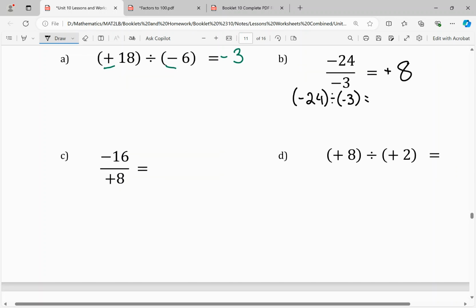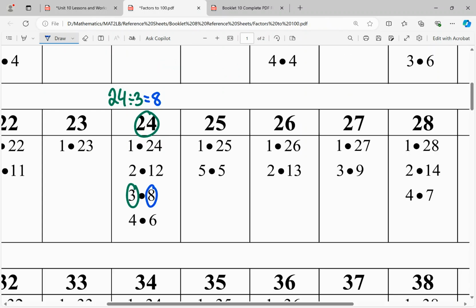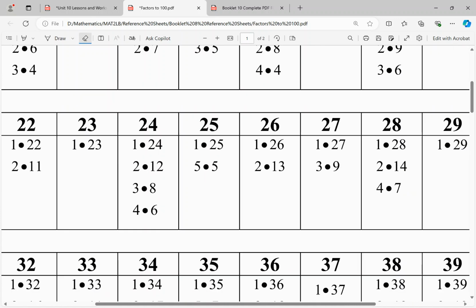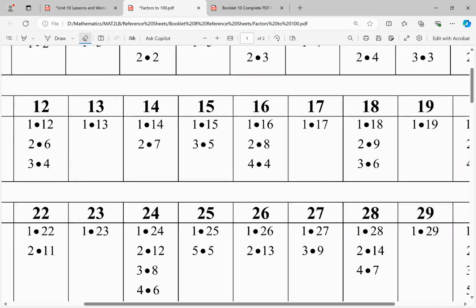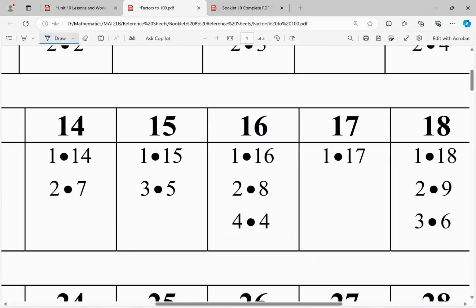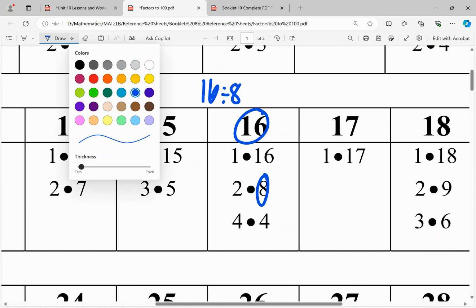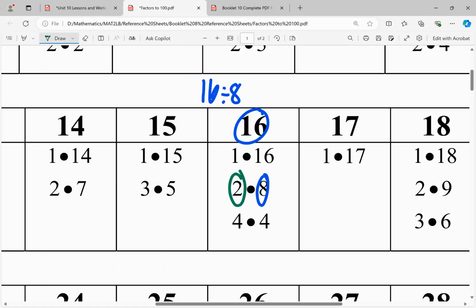Question C, we have negative 16 divided by positive 8. So let's find 16, the number at the top, on our factor chart. Here it is. So we have 16 divided by 8. Here's the 16, divide that by 8, and our answer is going to be 2.